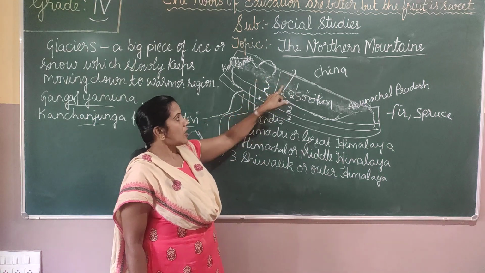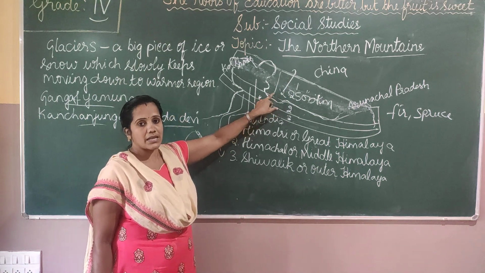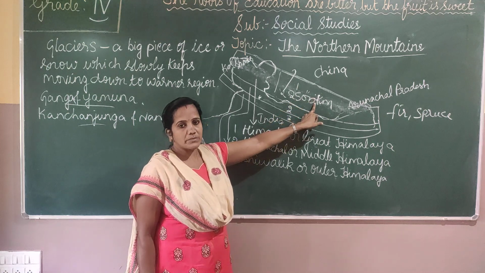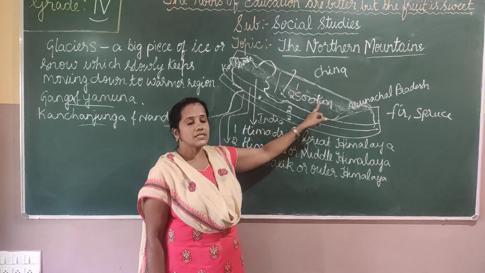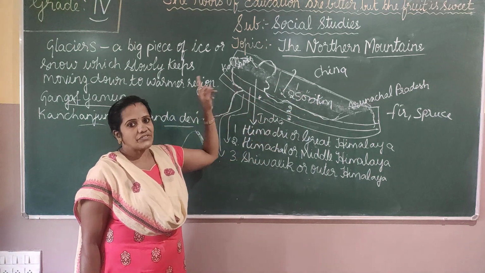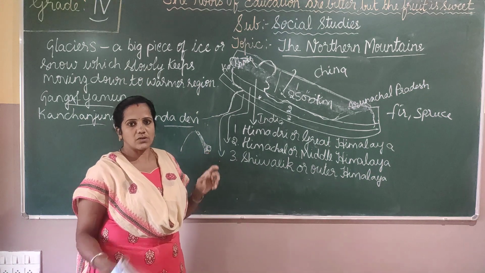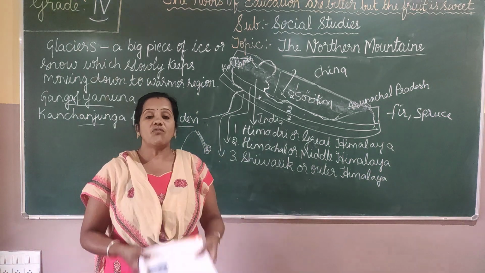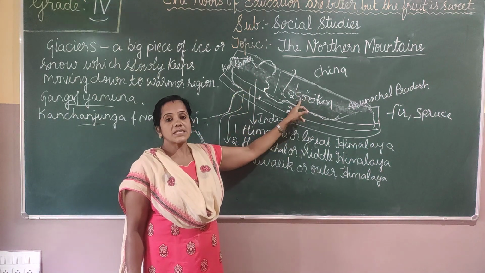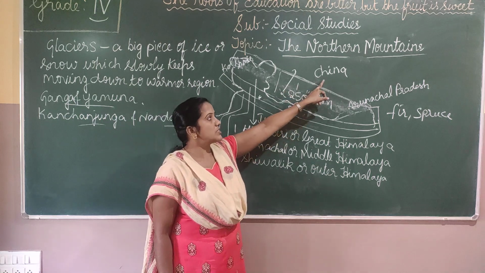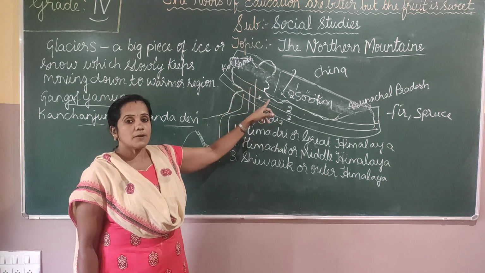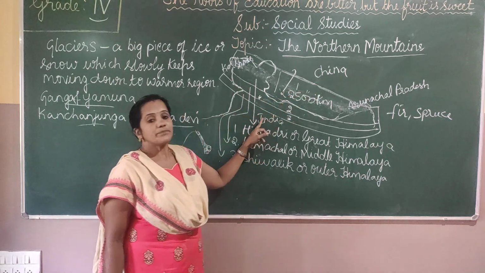Its length is 2,500 kilometers, and its width is 150 to 400 kilometers. This Himadri mountain range forms a natural boundary between China and India.